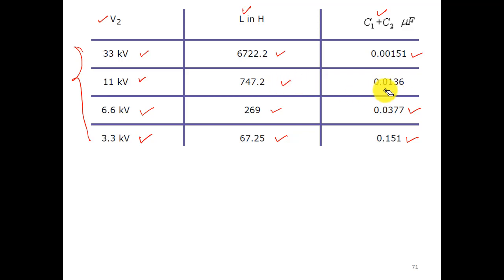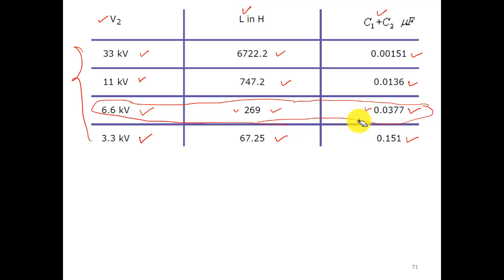Out of these, the most suitable choice is 6.6 kV, because we want to reduce both the inductor size and the capacitance size, and this is the most optimal size for inductor and capacitor. So we can consider 6.6 kV, for which L is 269 Henry and the capacitance is 0.0377 microfarad.